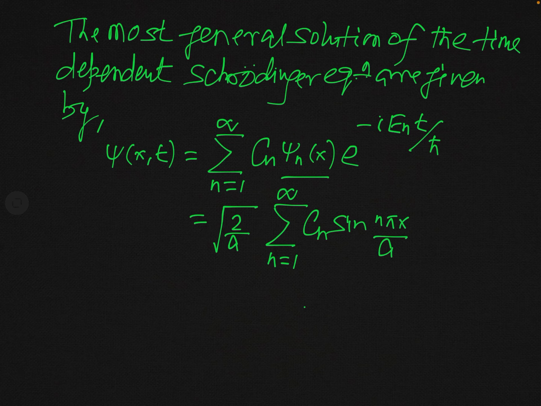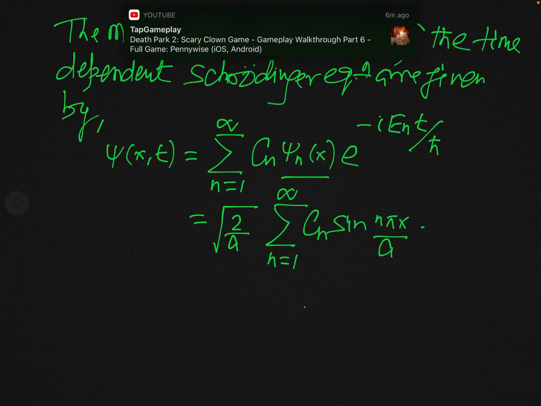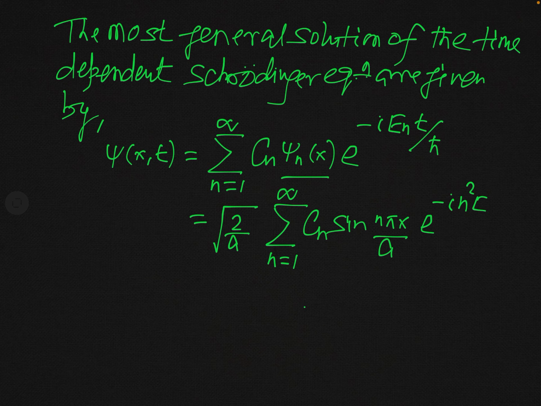And here En is the energy of the particle in the nth state, and you have seen this En is n square times E1, the ground state energy, times t over h bar.